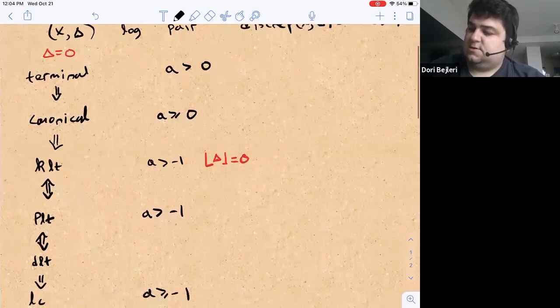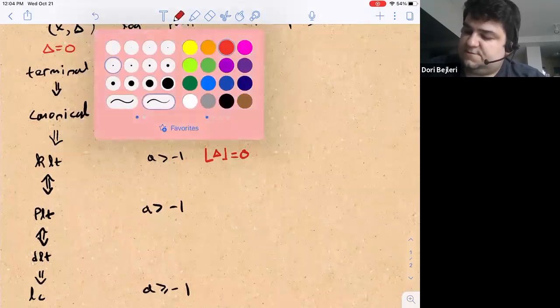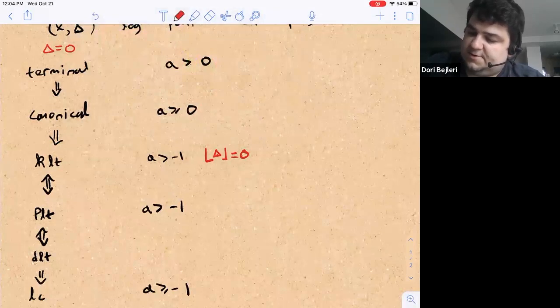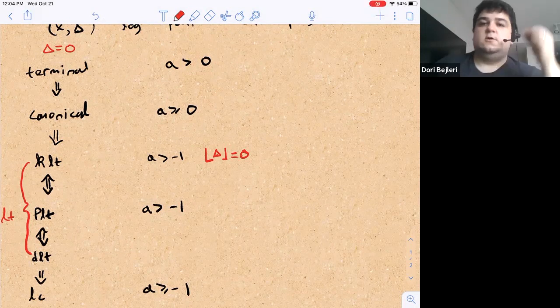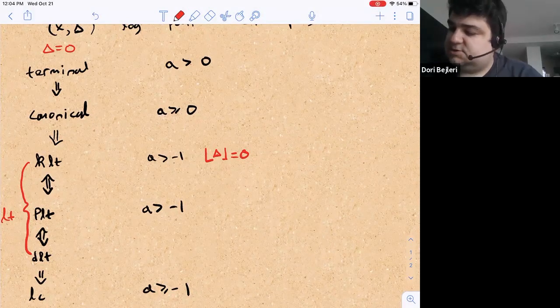Okay, so these implications are true when there's no boundary, and so for that reason, all three of these are sometimes just called log terminal when there's no boundary. So if you ever see "let X be log terminal," then it just means there's no boundary and this discrepancy condition is satisfied.